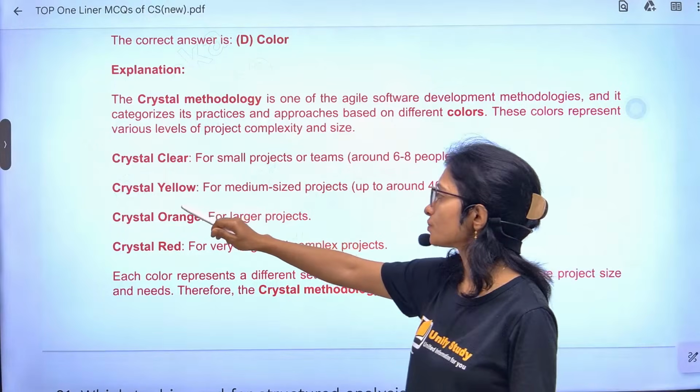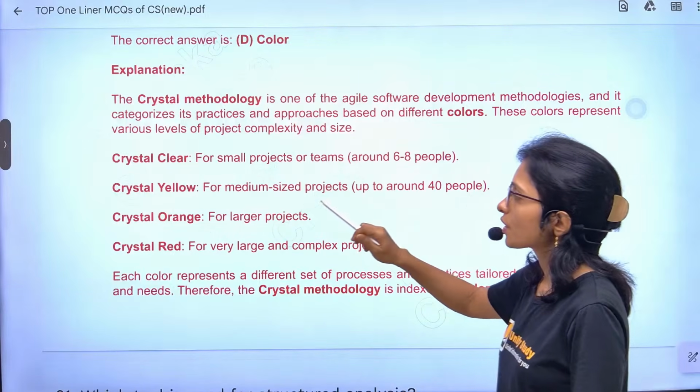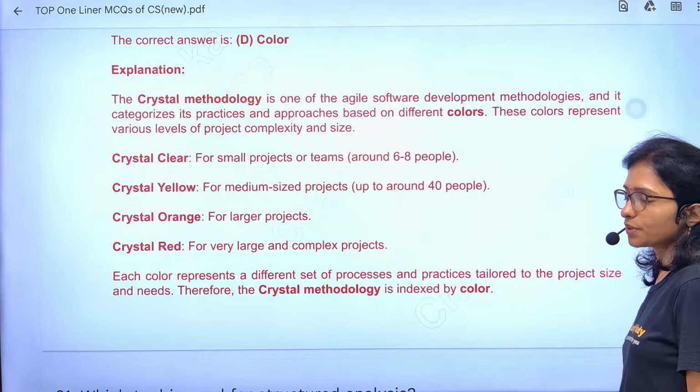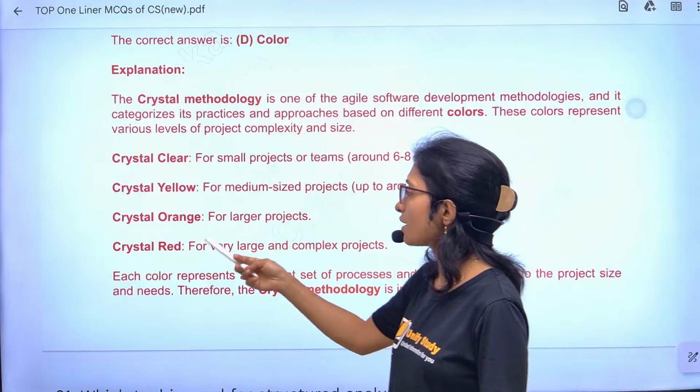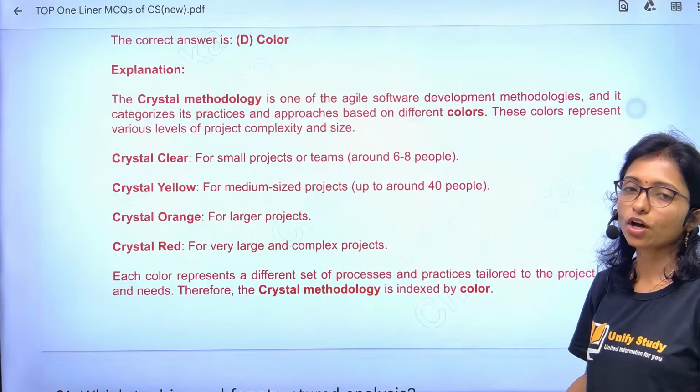Crystal yellow is medium size, around 40 people. Crystal orange is for larger projects with larger teams, and Crystal red means very large. So the color is telling you the number of team members.